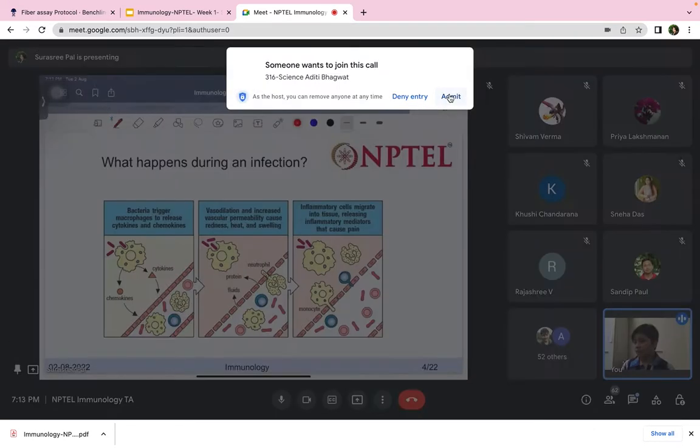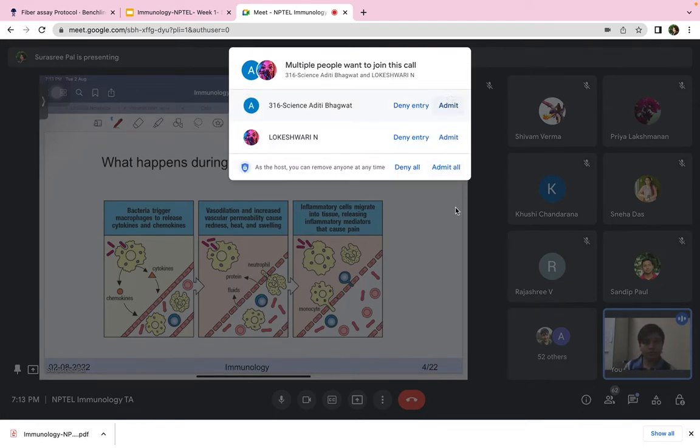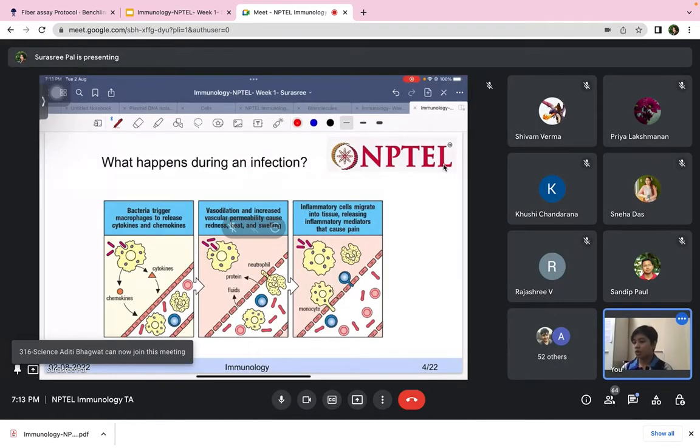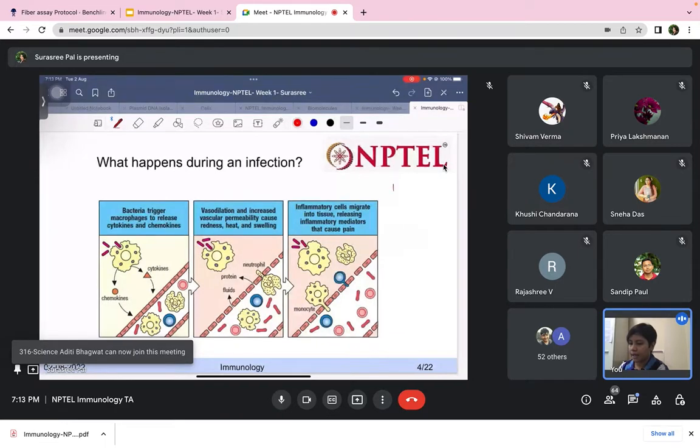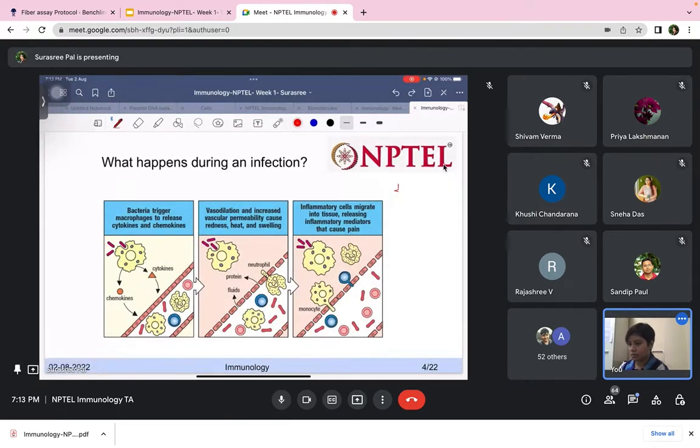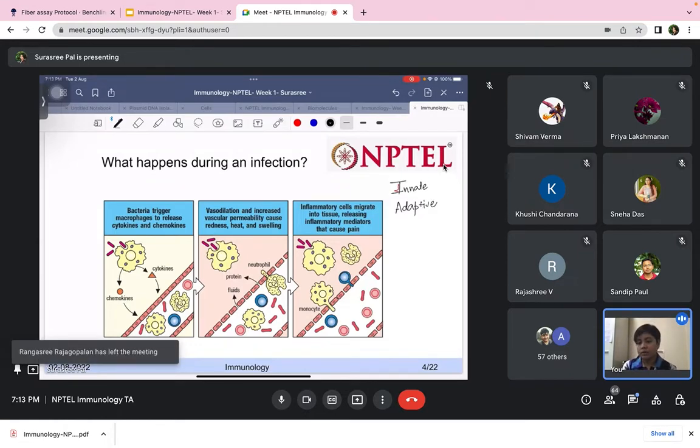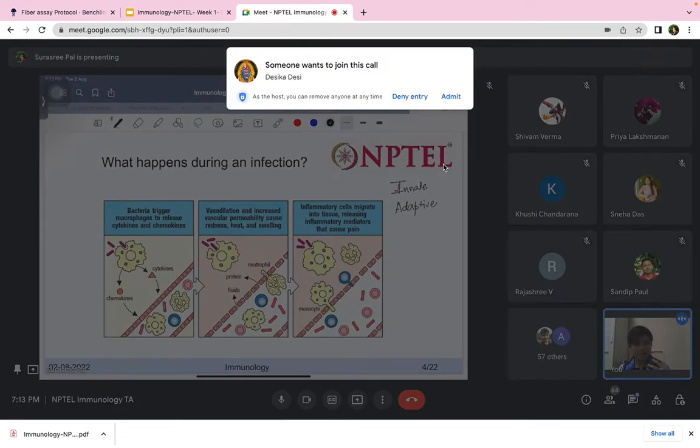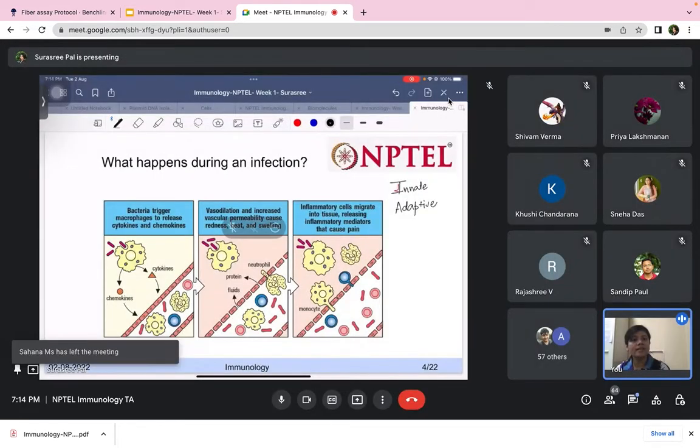Now you might have heard about the innate arm of the immune system and the adaptive arm of the immune system, right? So the innate arm of the immune system is the arm which actually becomes active first when there is an infection.